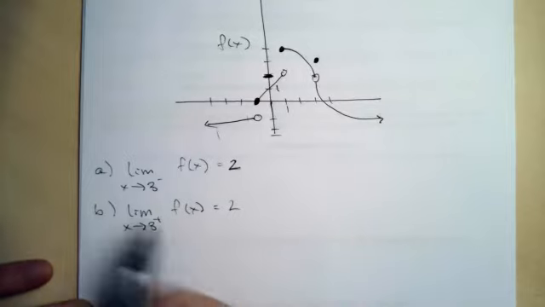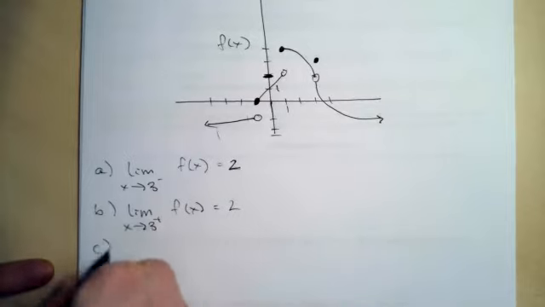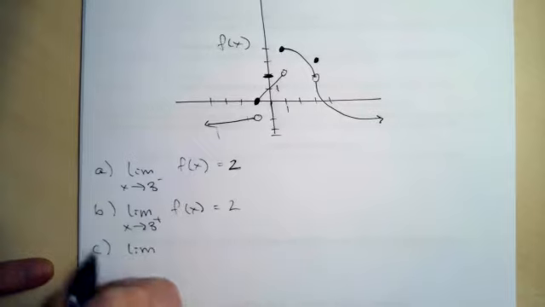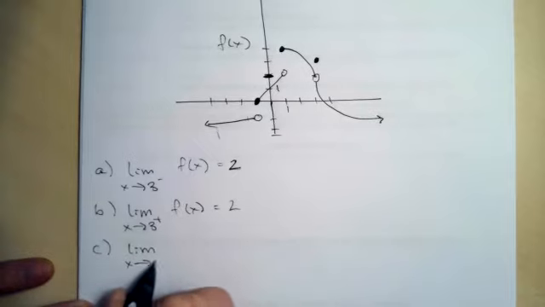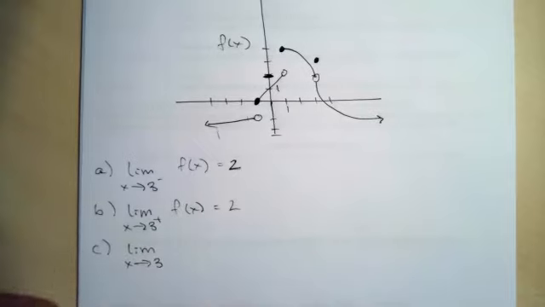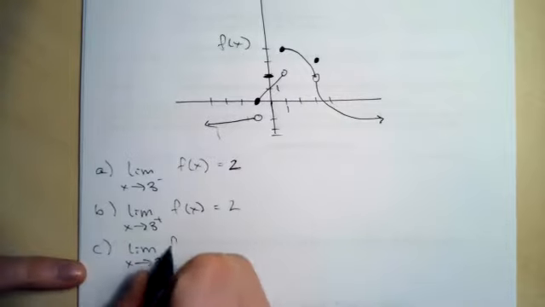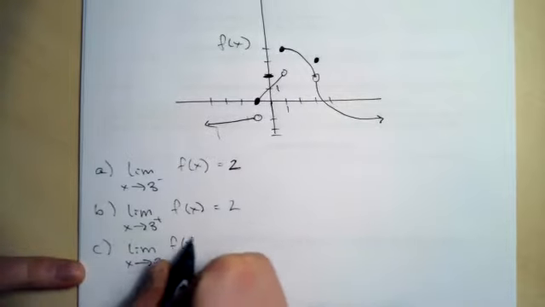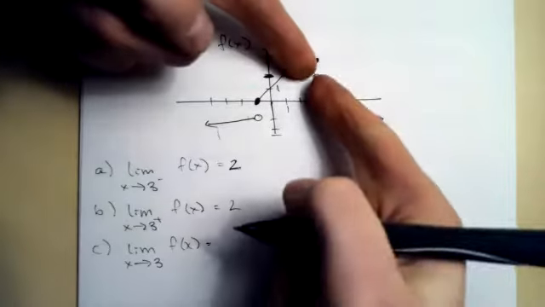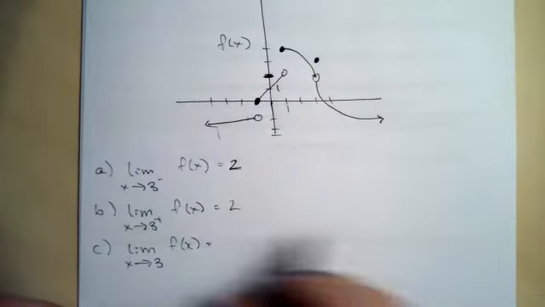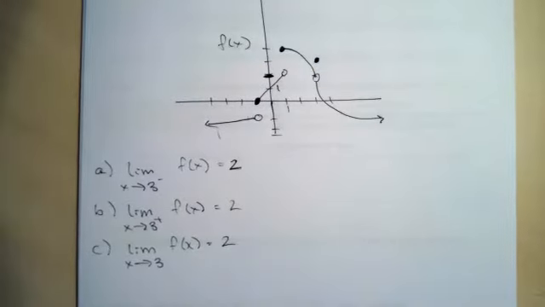When both of those are the same, when the left and right hand limits are the same, that means the limit as x approaches 3, if we don't put a left or right, it means from both sides. And since both sides are converging on that same value, the limit is 2.